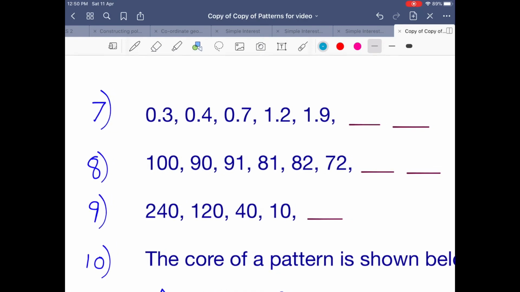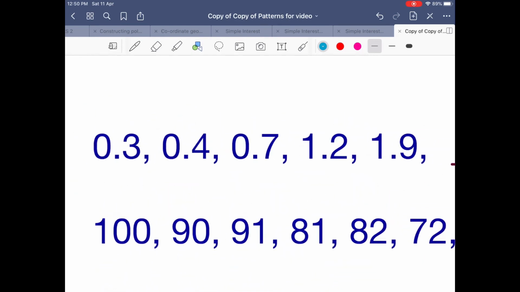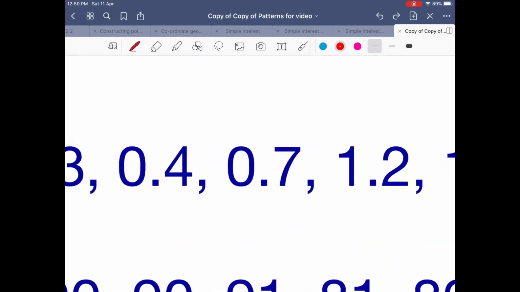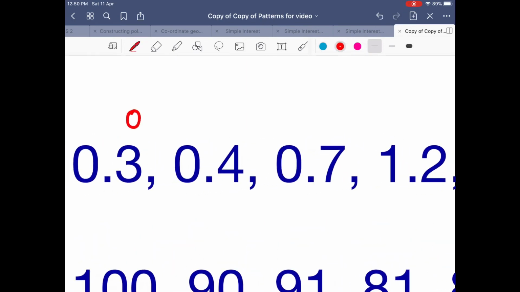Number 7. So we are seeing the numbers here. If we look carefully, we can see that from 0.3 to 0.4, we are adding 0.1.